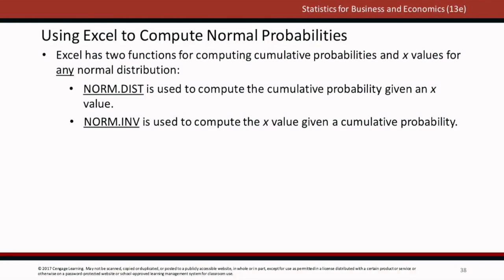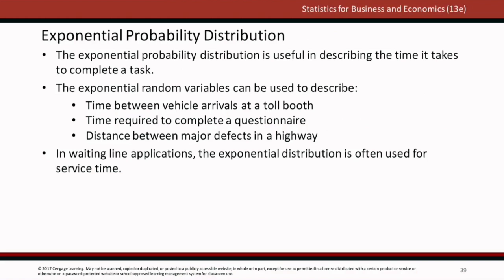Next, we are going to introduce the exponential probability distribution. The exponential probability distribution is useful in describing the time it takes to complete a task. Exponential random variables can also be used to describe the time between vehicle arrivals at a toll booth, the time required to complete a questionnaire, or the distance between major defects in a highway.